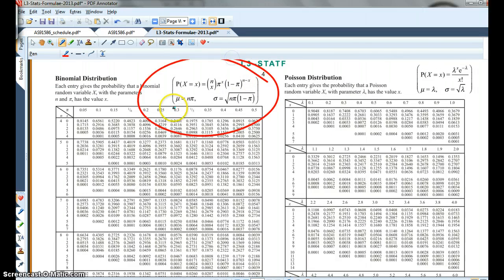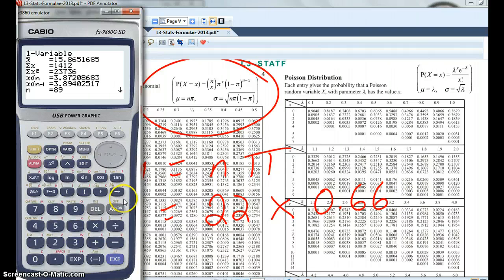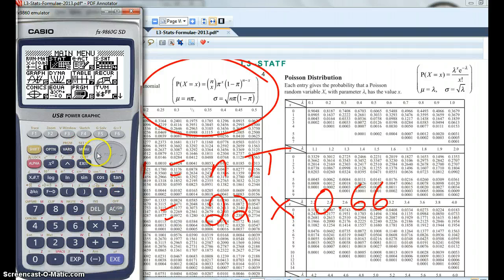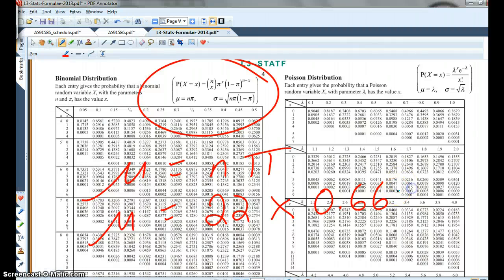And you can see that the mean is n times pi. So the mean is 22 times 0.66. So you can grab that. 22 times 0.66 is 14.52.